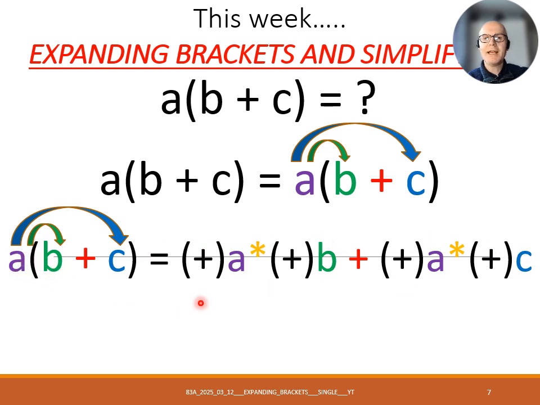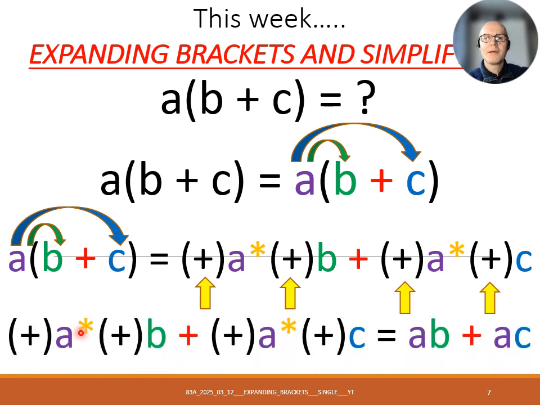A times B is the same as positive A times positive B. Then A times C is the same as positive A times positive C. Positive A times positive B, a positive times a positive, equals positive AB, or once you get to the answer, just AB.